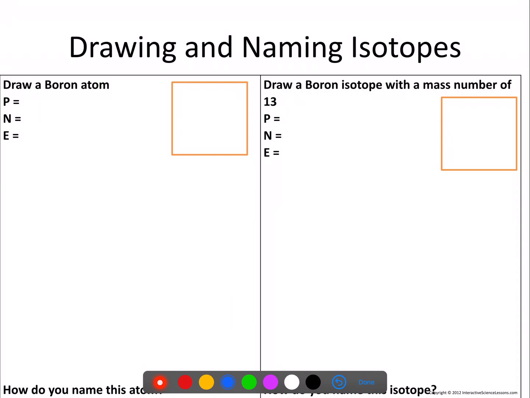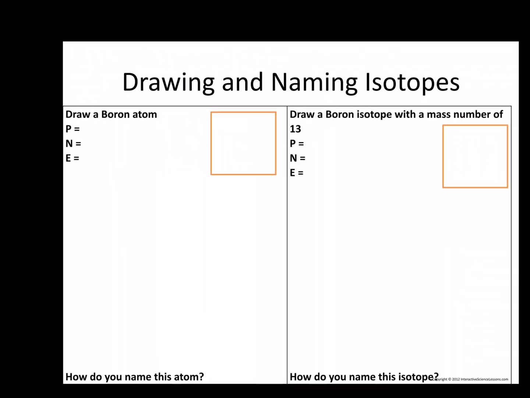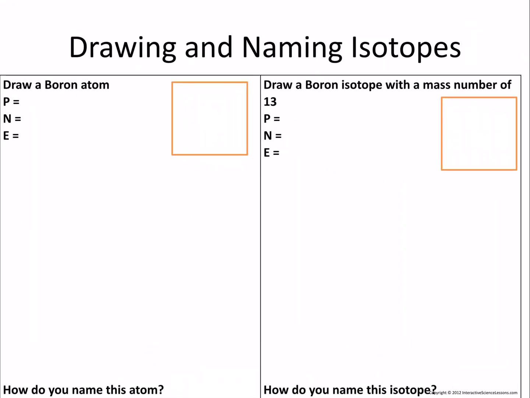Now, when it comes to drawing and naming of isotopes, right? Sorry about that. I'm going to give you 2 examples here that you can take out for a spin, right? You go to boron, and you're looking at boron here as an atom, which is neutral, protons equal electrons. And in this one case over here, they're going to say, do a boron atom, just like you see in the periodic table.